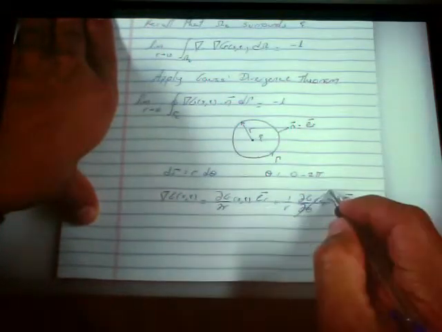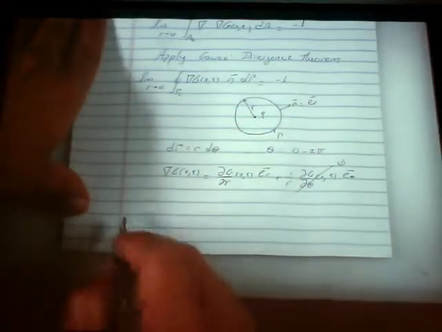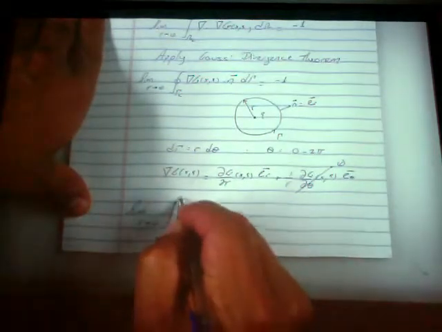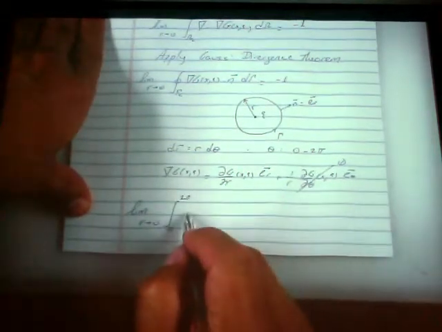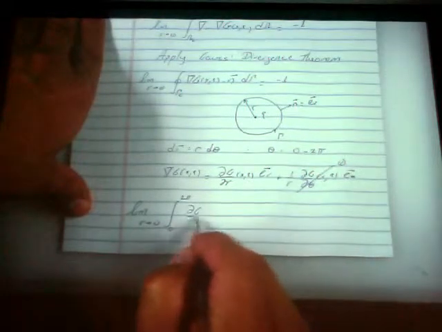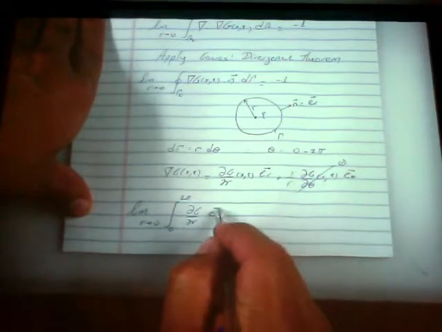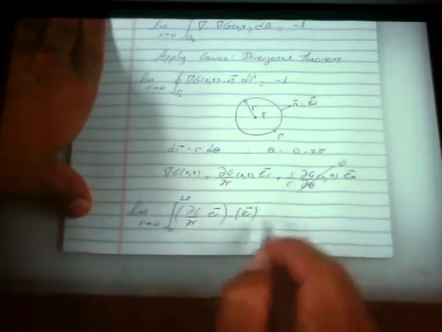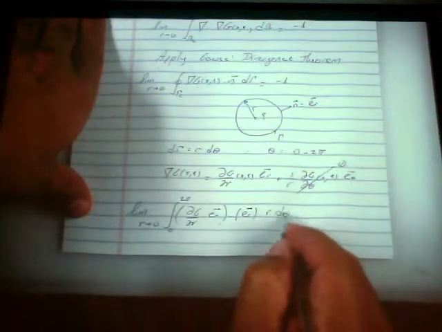But it really doesn't matter because g doesn't depend on theta. So when we implement this in here, we have this limit as r goes to 0 of the integral from 0 to 2 pi of dg/dr e_r dotted into e_r times r d theta should be equal to -1.